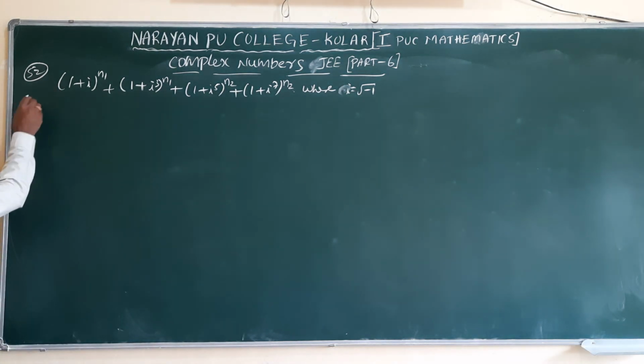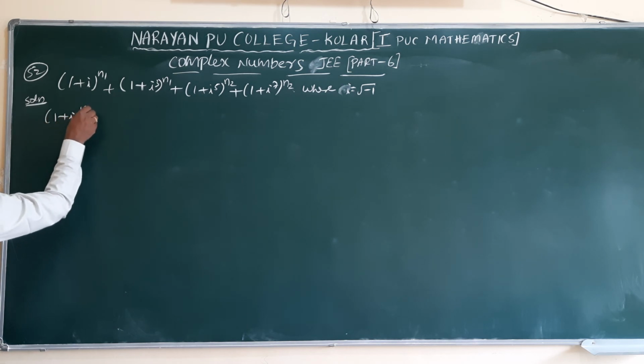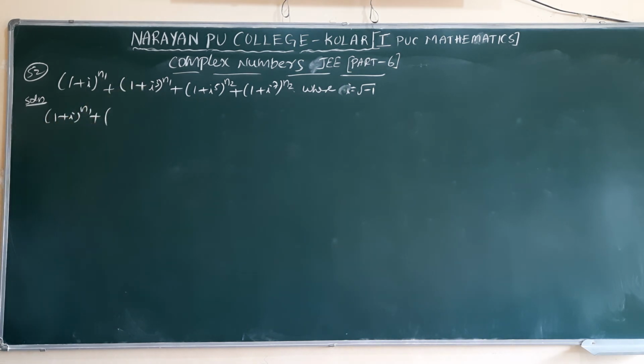So here is the solution. We already know the value of i cubed: i squared into i, so minus i.